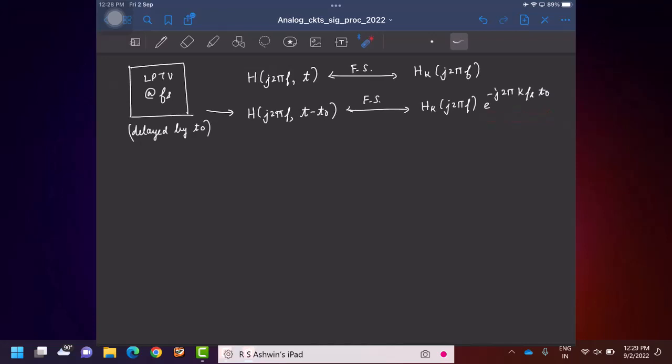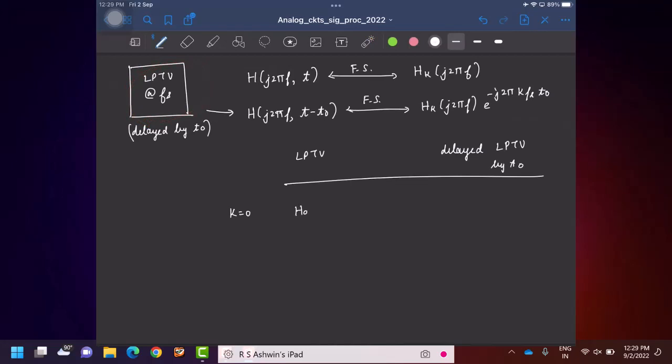Okay, so let's quickly compute how the harmonic transfer functions look for the LPTV, that is the original network, and the delayed LPTV. So for k equal to 0, for the network without any delay, what is the harmonic transfer function?